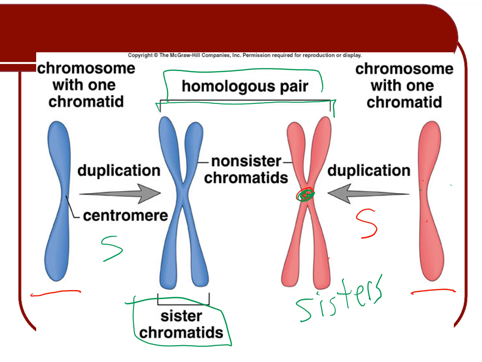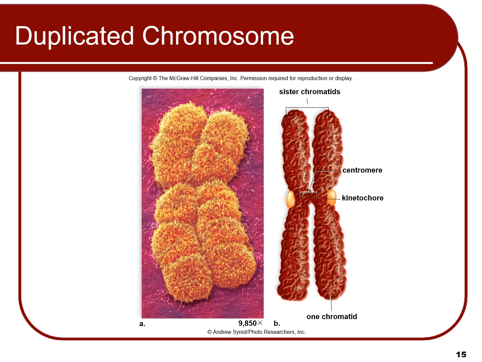So technically, right before mitosis, you actually have 4 of every chromosome. You have your homologous pair, which will be 1 blue and 1 pink, and then each of them have made a copy. So you have 2 blue and 2 pink. This gets kind of confusing. This is just a picture of a real chromosome that has been duplicated. So these are the sister chromatids, the 2, and they're joined together at a centromere, where they're hooked together.